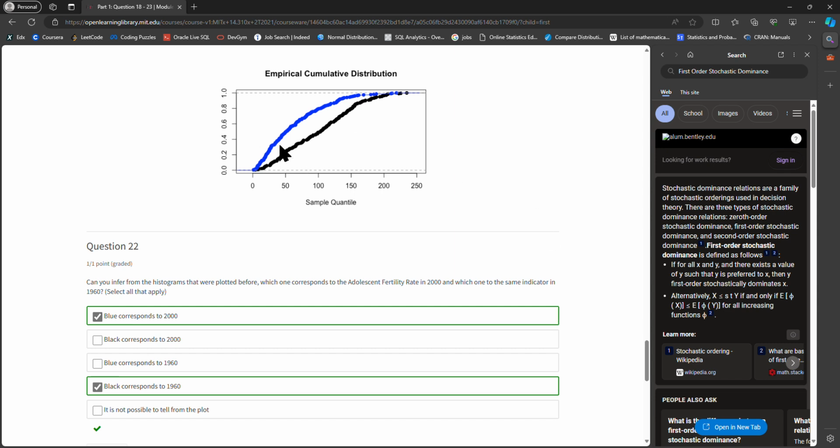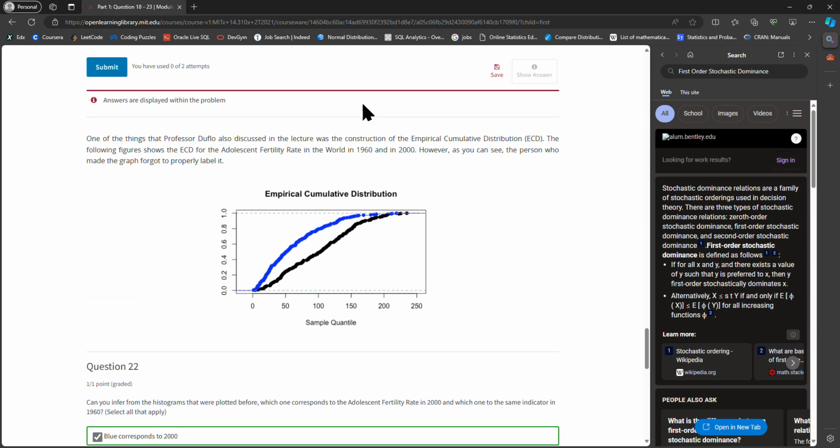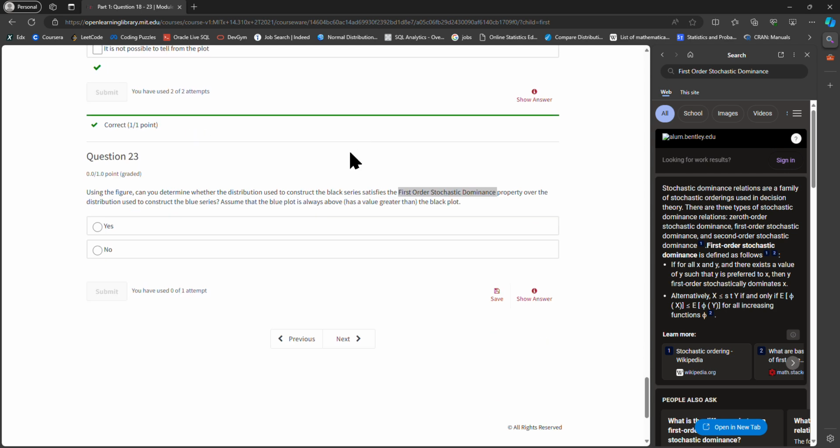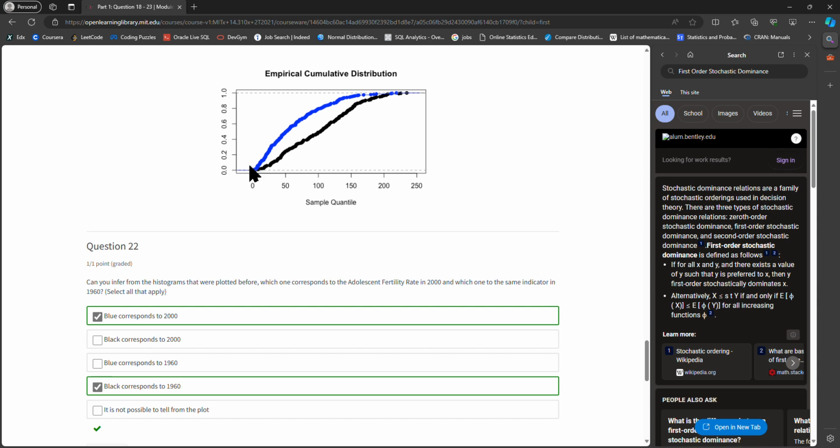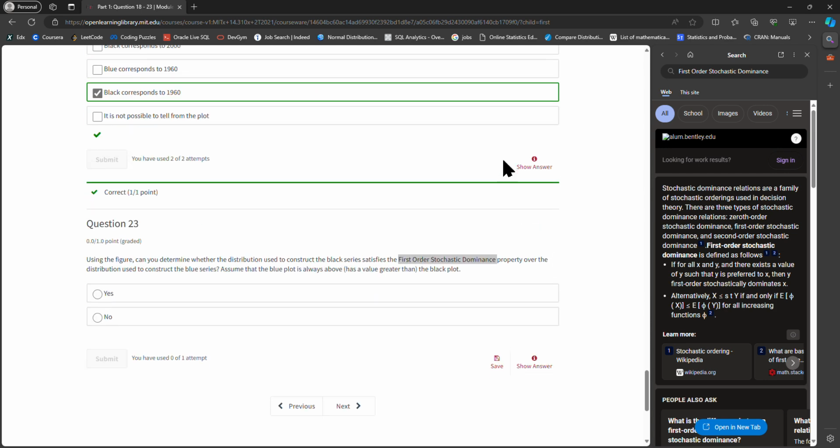What we're saying is that all the points in y are greater than those in x. So definitely it's false, because it's actually the opposite. The blue dominates x all the time, so that's why it's false.